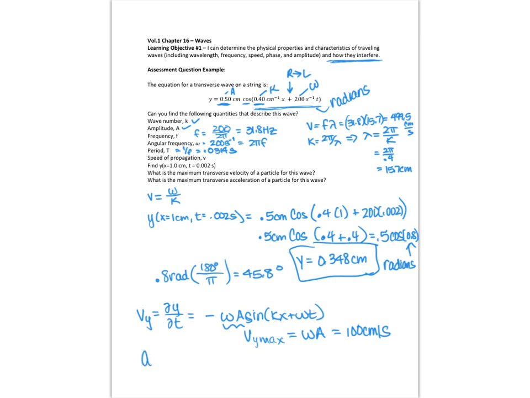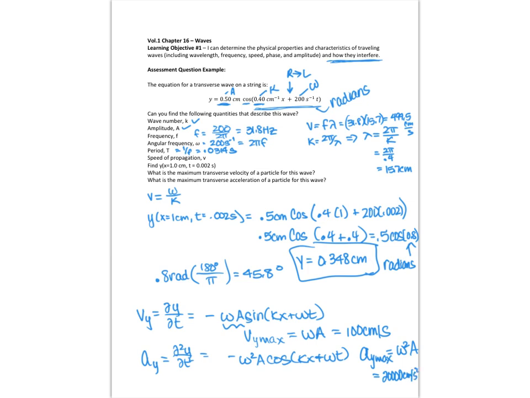The acceleration, the transverse acceleration, is the second derivative with respect to time, which is minus omega squared a cosine kx plus omega t. So ay max is omega squared a, and that would end up to be 20,000 centimeters per second squared.